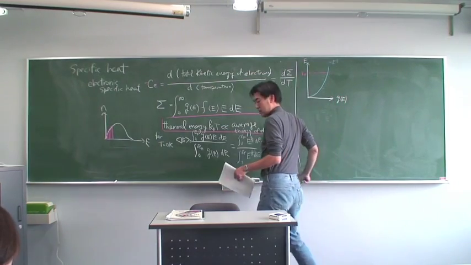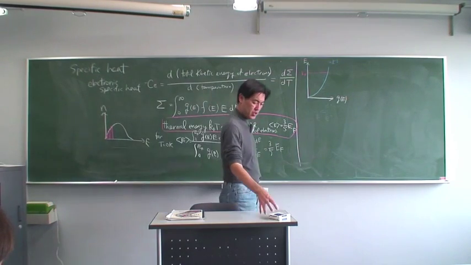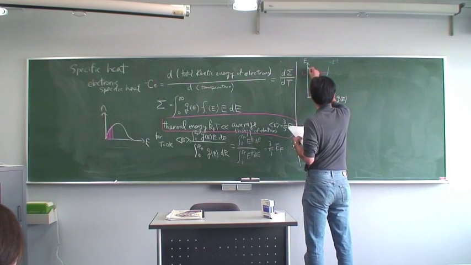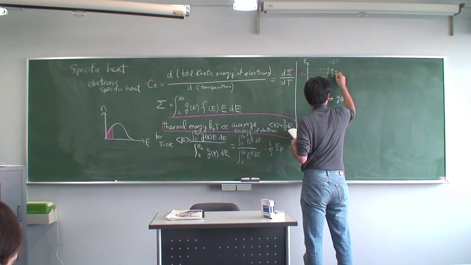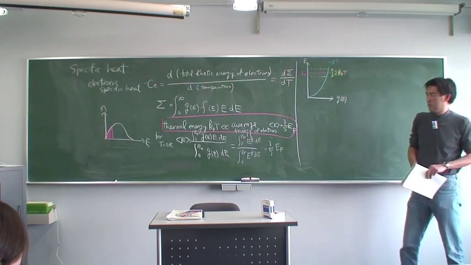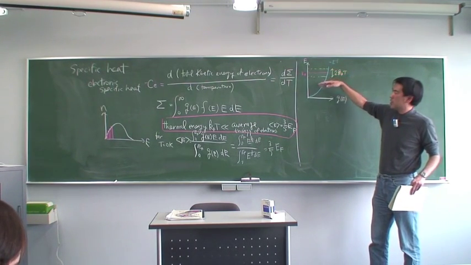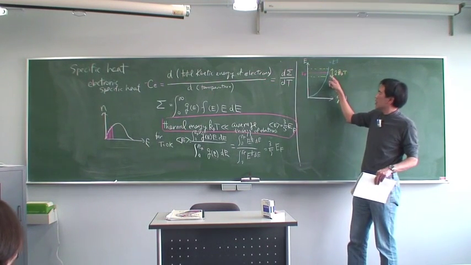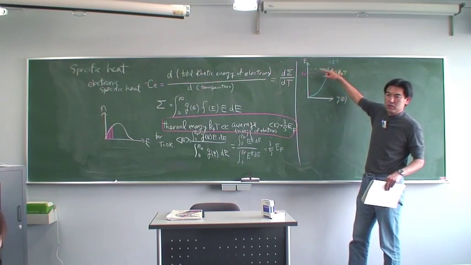Because kT is small, we just need to see how much the total energy changes when we have a change in temperature corresponding to this small region.